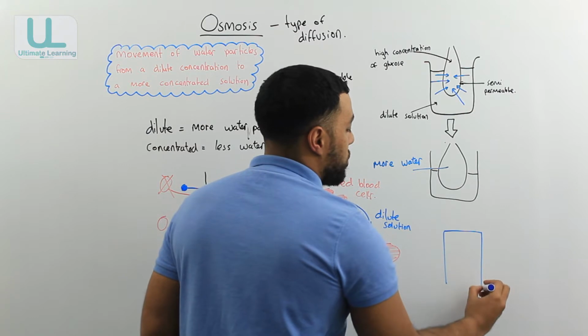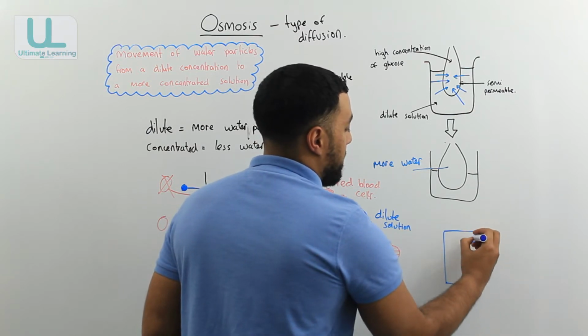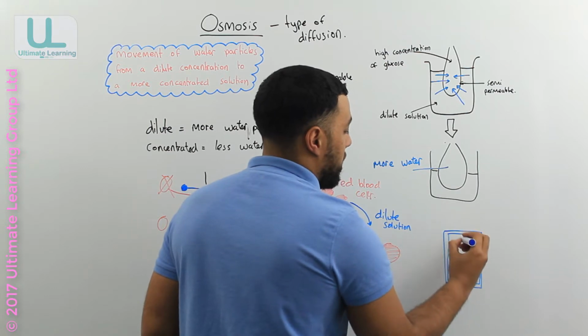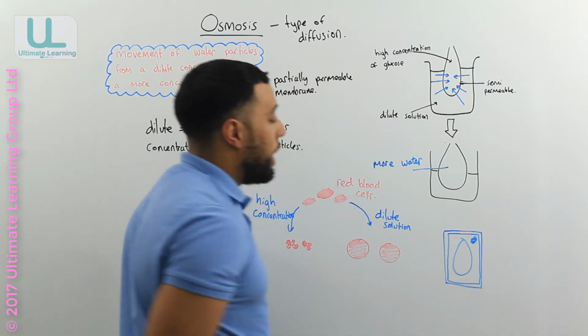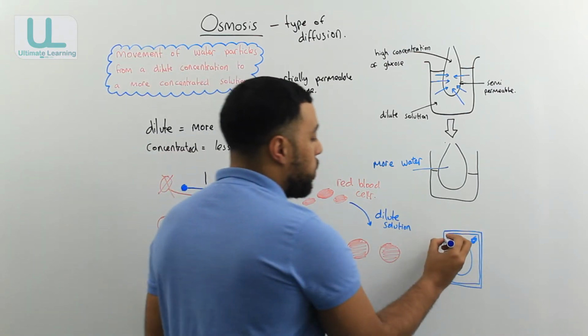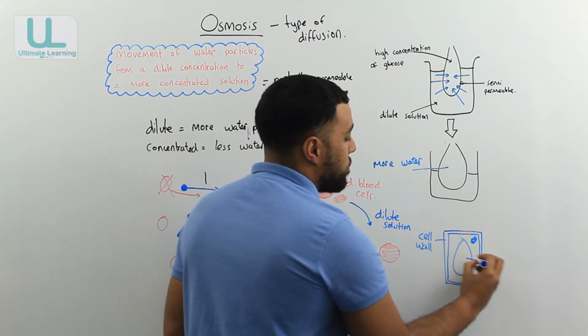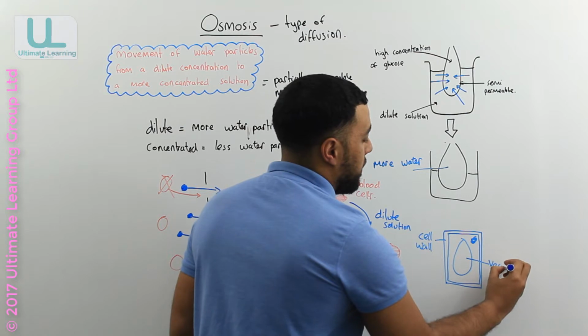But osmosis is useful in plants, and it's a very important process in plants, because if you remember the structure of a plant cell, you'll remember that plants have this cell wall, and they also have a vacuole.